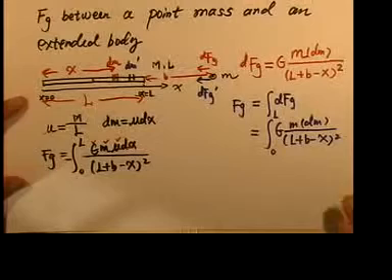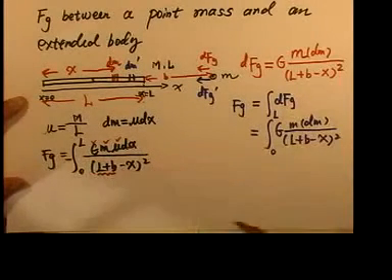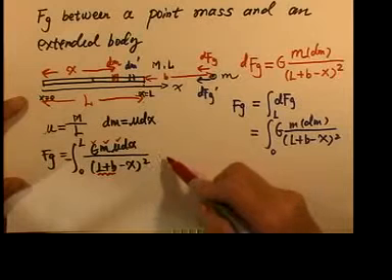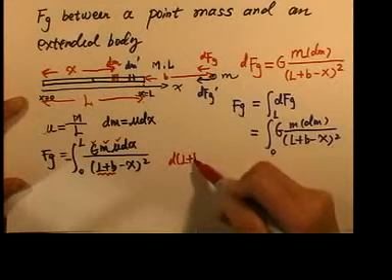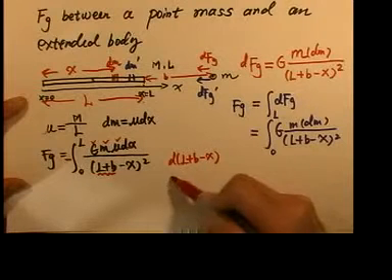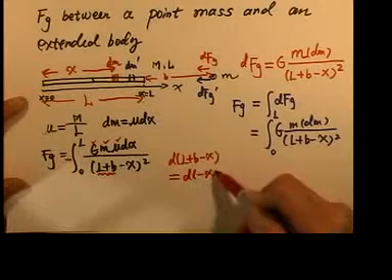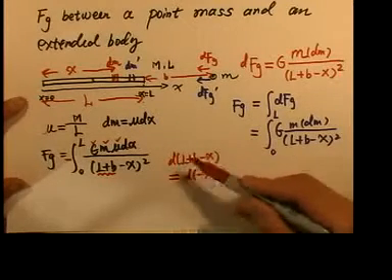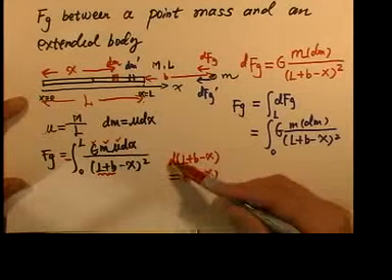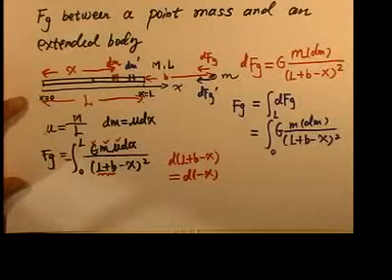On the other hand, look at this. L plus b is a constant. So as a matter of fact, we learned from calculus that d of L plus b minus x comes out as d of negative x. Why is that? Because when you differentiate a constant, that will be 0, then plus you differentiate the negative x, which is this term. This is what's left.